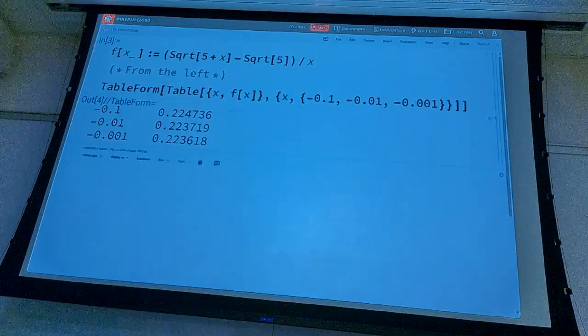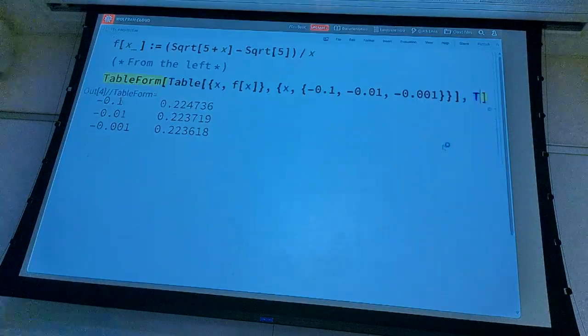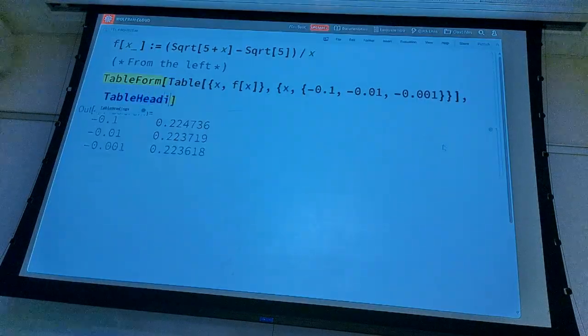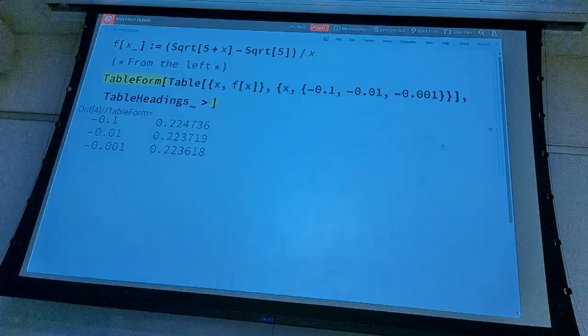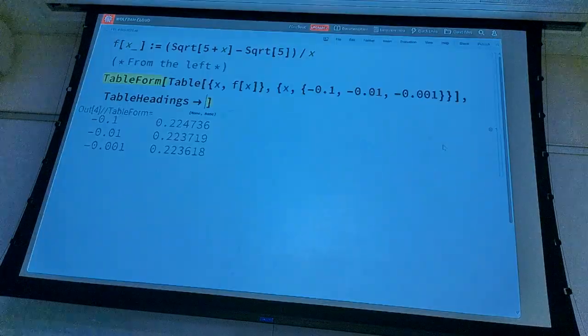Possibly one better, because there's an option in table form. Table headings. Hyphen, and then the less than sign will automatically form an arrow. I think it's going to be this.